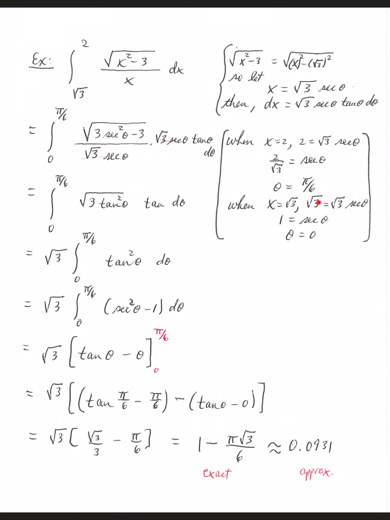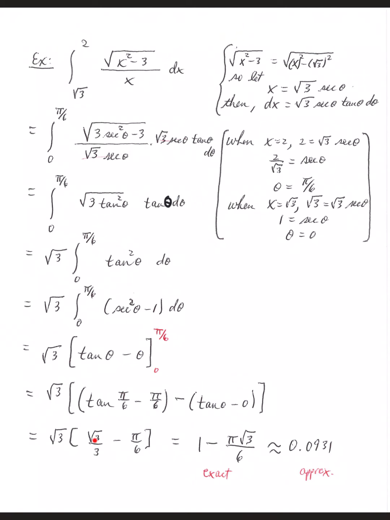Now, because this is a definite integral, we're going to evaluate the antiderivative at pi over 6, subtract, and then reevaluate at 0. Square root of 3 times tangent pi over 6 minus pi over 6, minus tangent of 0 minus 0. Well, this whole back section goes to 0.